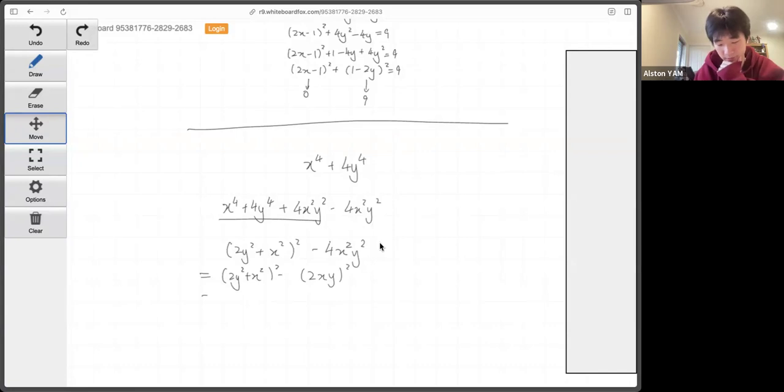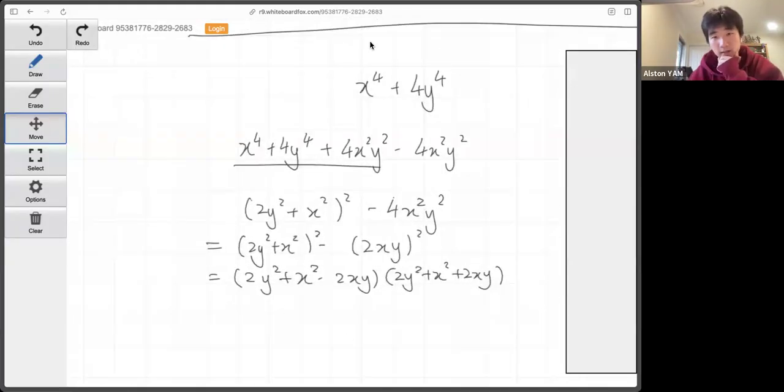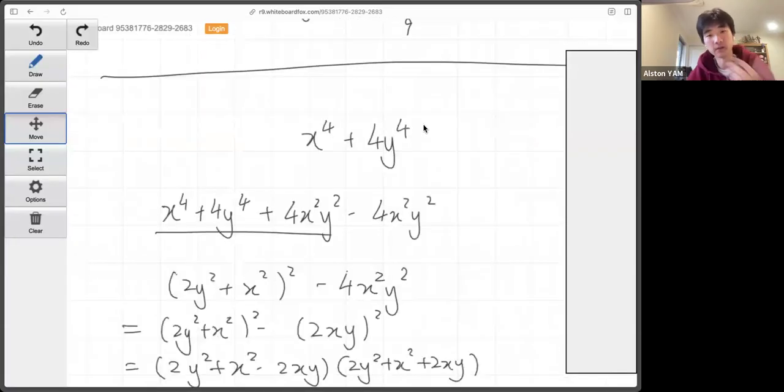By the difference of squares, we get this identity, plus 2xy. And that is equal to x to the 4 plus 4y to the 4. So we just factorized a sum of two squares, right?